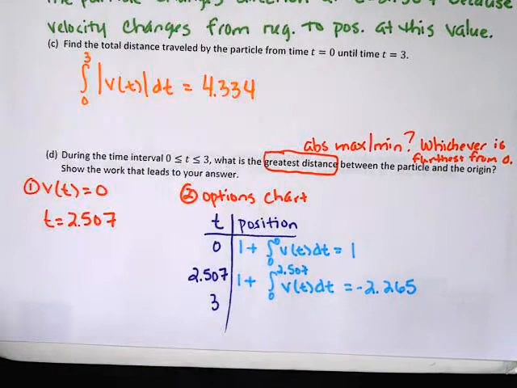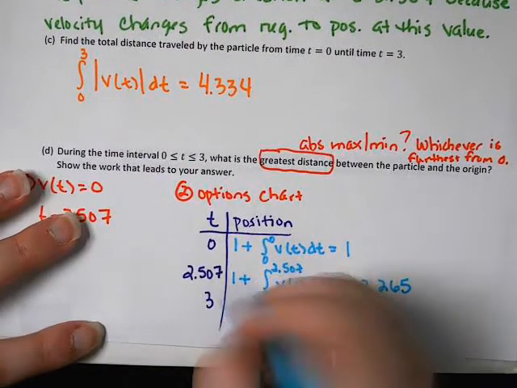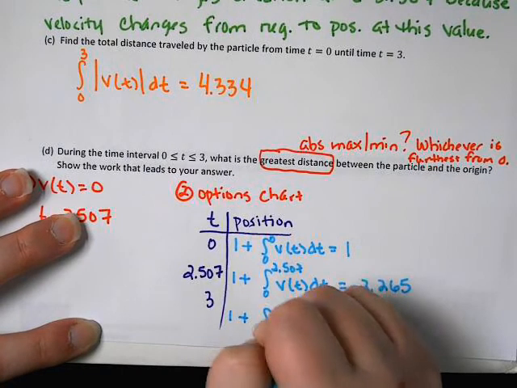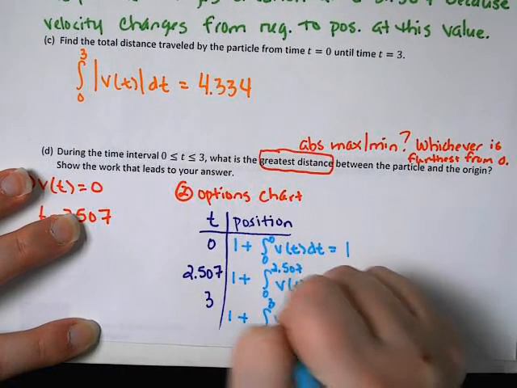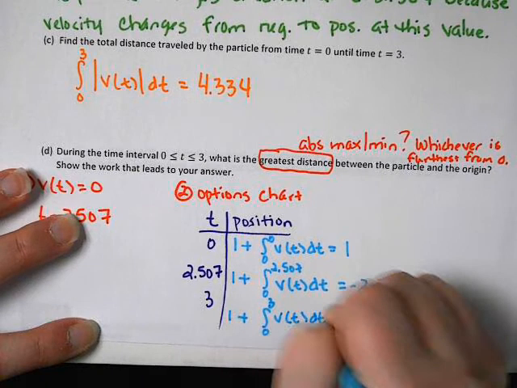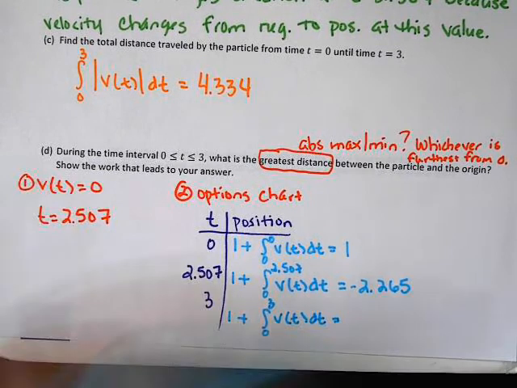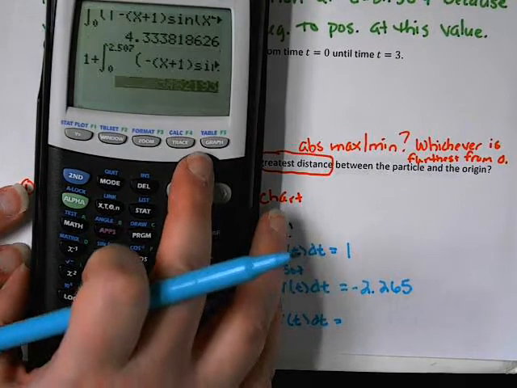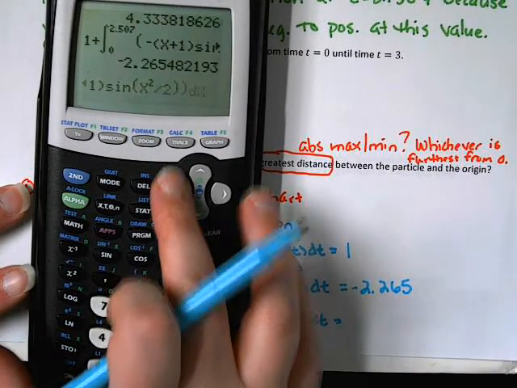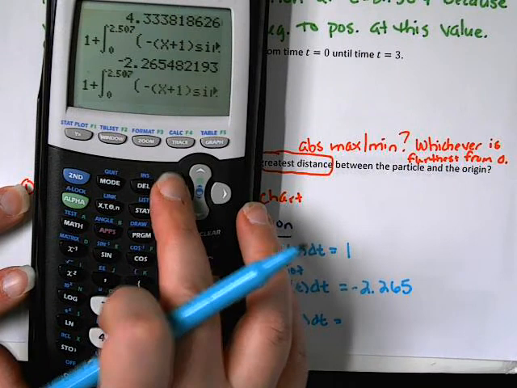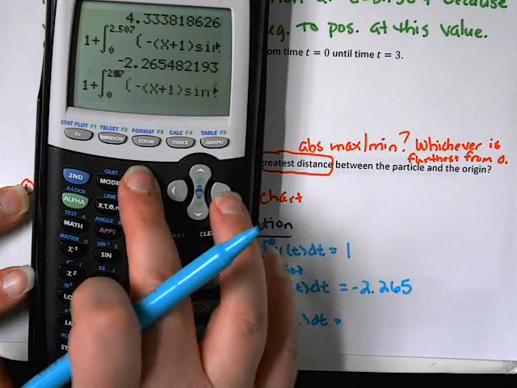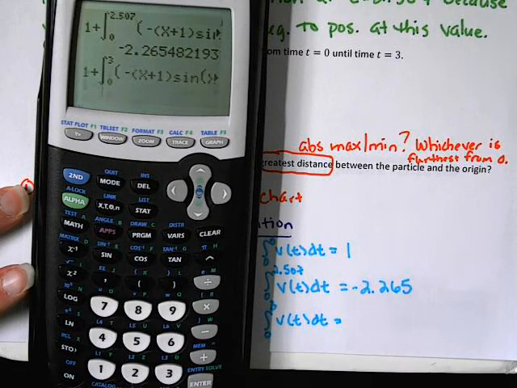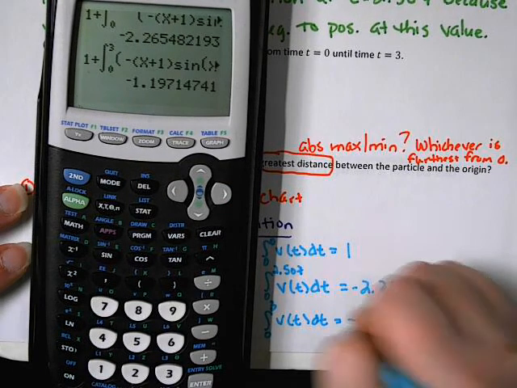Then for time t equals 3, I'm going to do 1 plus the integral from 0 to 3 of v of t dt. I should have moved my 3 down a little bit, but I think you get the picture. We're going to do this same integral, so I'm just going to go up here and change this bound to be 3. So I get negative 1.197.